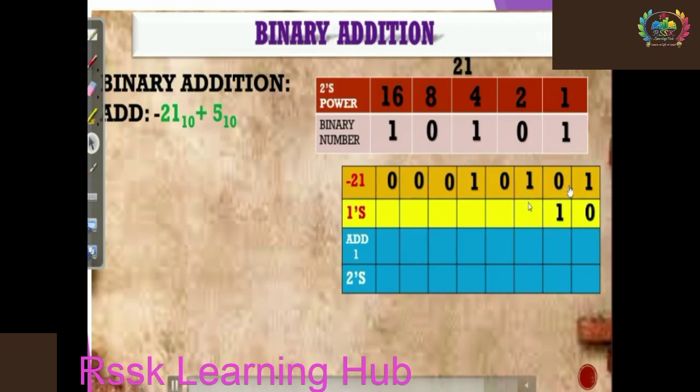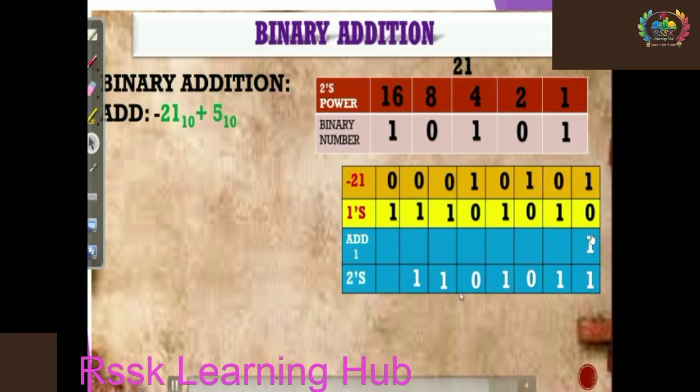Then what you have to do is make your 1's complement and then 2's complement. Whenever it is 1 it becomes 0, whenever it is 0 you write 1. So 1 1 1 0 1 0 1 0. Next you are going to add 1 at your least significant bit value. I am adding 1.